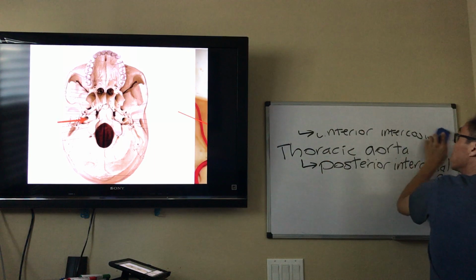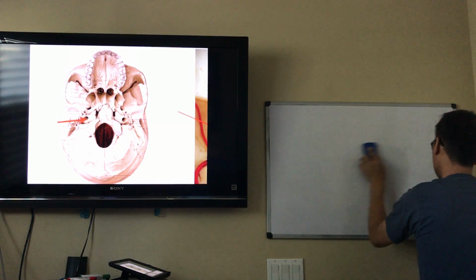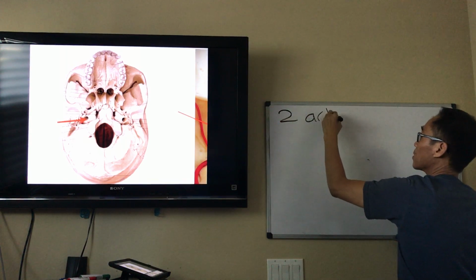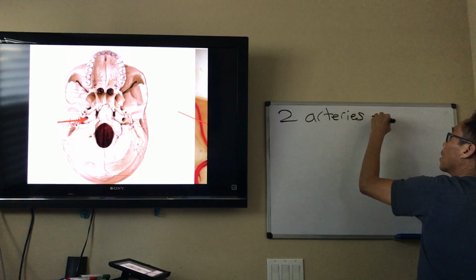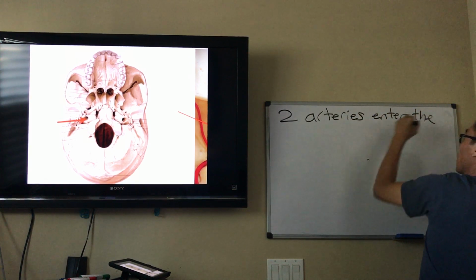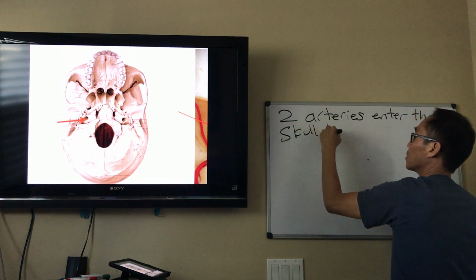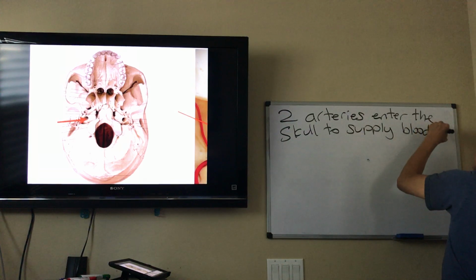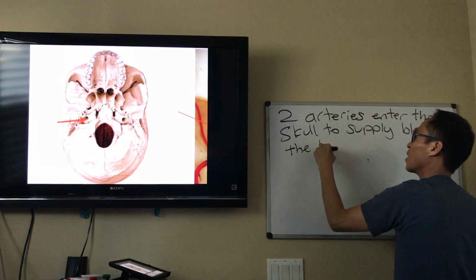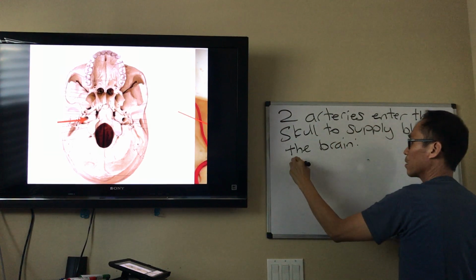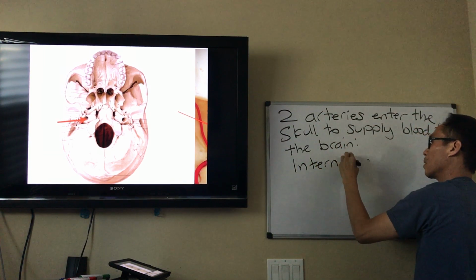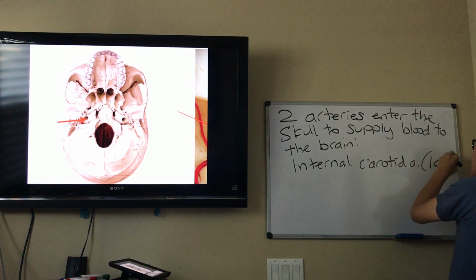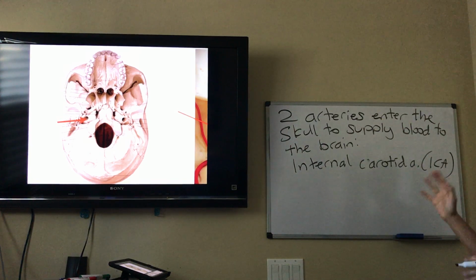Let me write that down. Two arteries enter the skull to supply blood to the brain. They are internal carotid artery, sometimes abbreviated ICA, but please write it out on a test, and also vertebral artery.